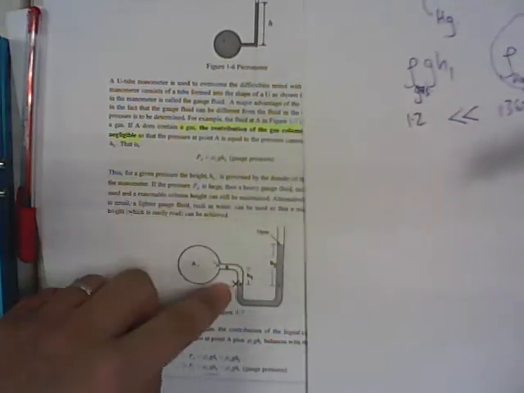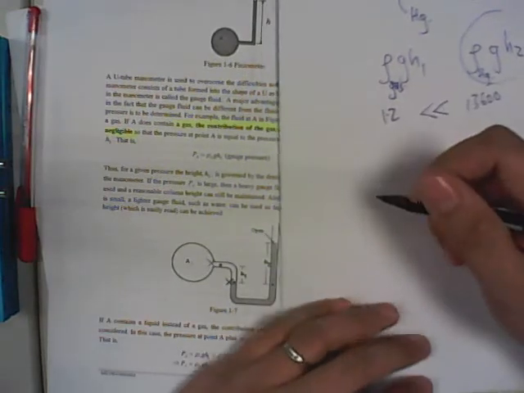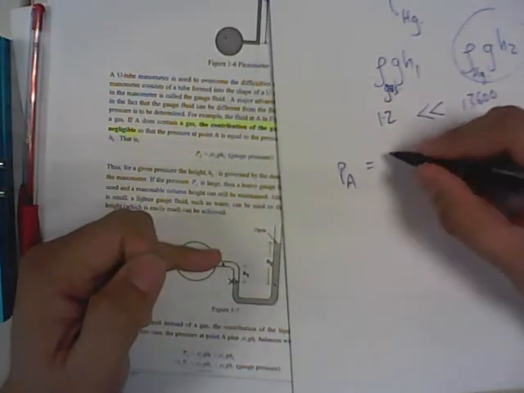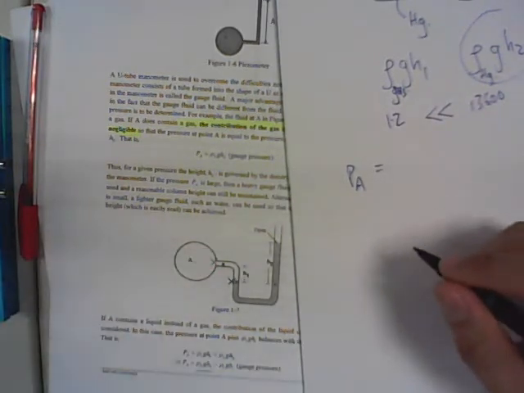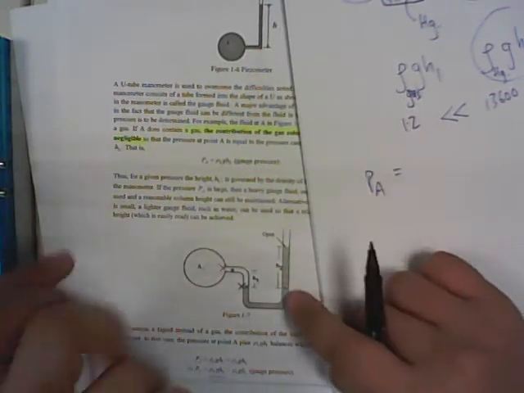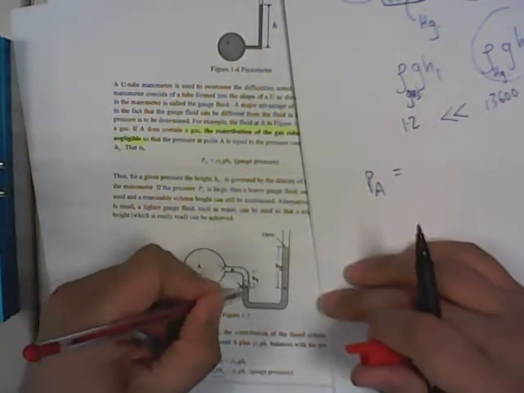Alright, so if that's the case, let's try to write out the whole equation. Pressure at A. So how do you write the equation? You start off by saying that the pressure at these two points are the same. Let me mark it up.